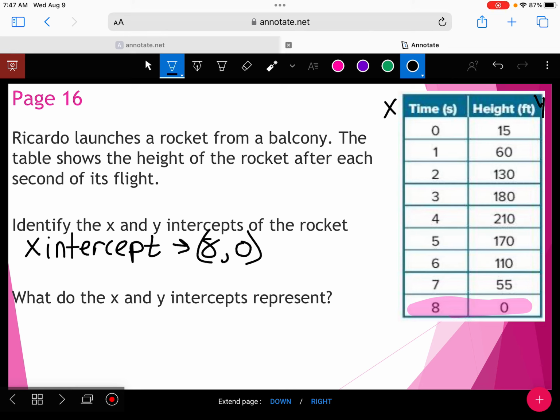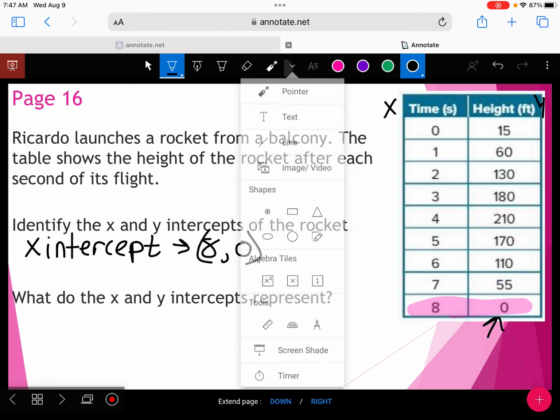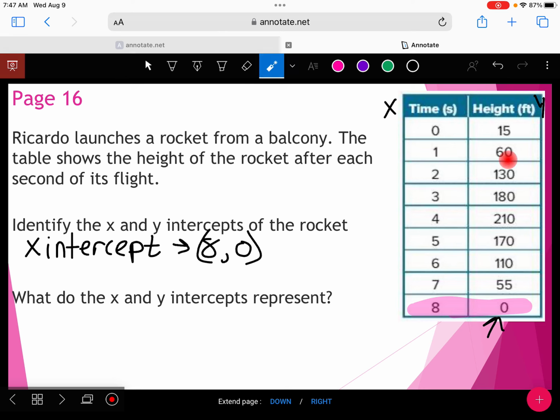This is when sometimes it helps to write it as points. My y is 0. That's how I know that. What does that 0 mean, thinking about this problem? It's 0 what? 0 feet. What does it mean when my rocket's at 0 feet? It's back on the ground. So my x-intercept is when it lands.